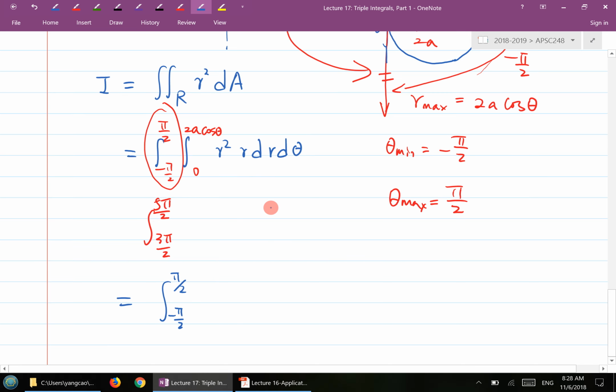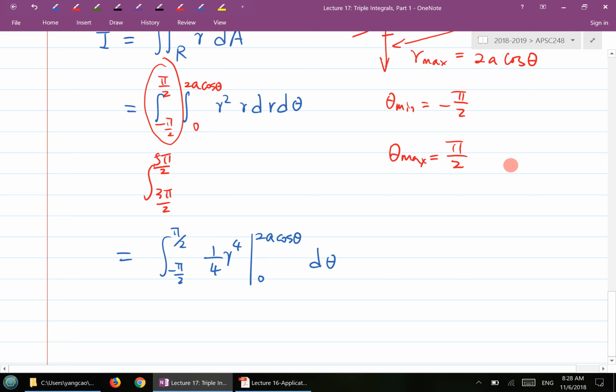The integral of R cubed gives you 1 over 4 R to the power of 4. Substitute 2a cosine theta into it.